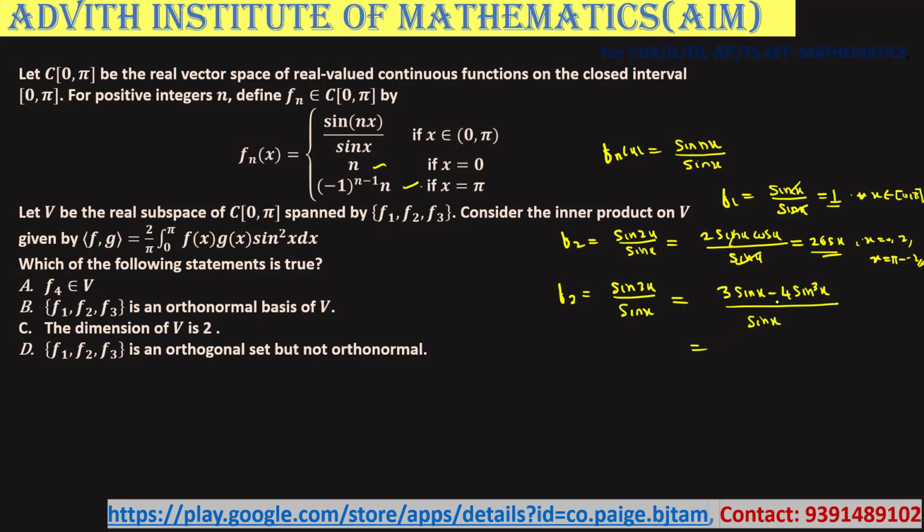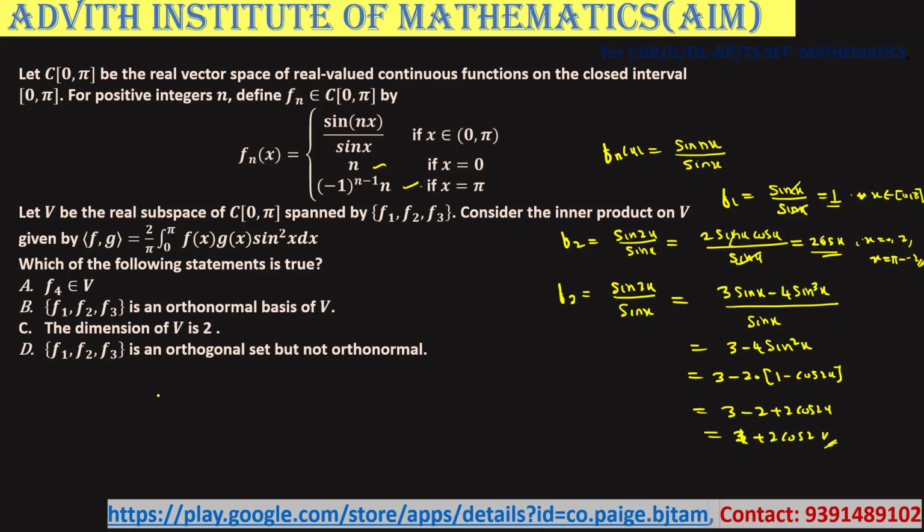So take sin x common. So 3 minus 4 into sin square x. 3 minus 2 into 2 sin square x, what can we write it as? 1 minus cos 2x, which is equal to 3 minus 2 plus 2 cos 2x, which is equal to 3 minus 2 is 1, 1 plus 2 cos 2x.